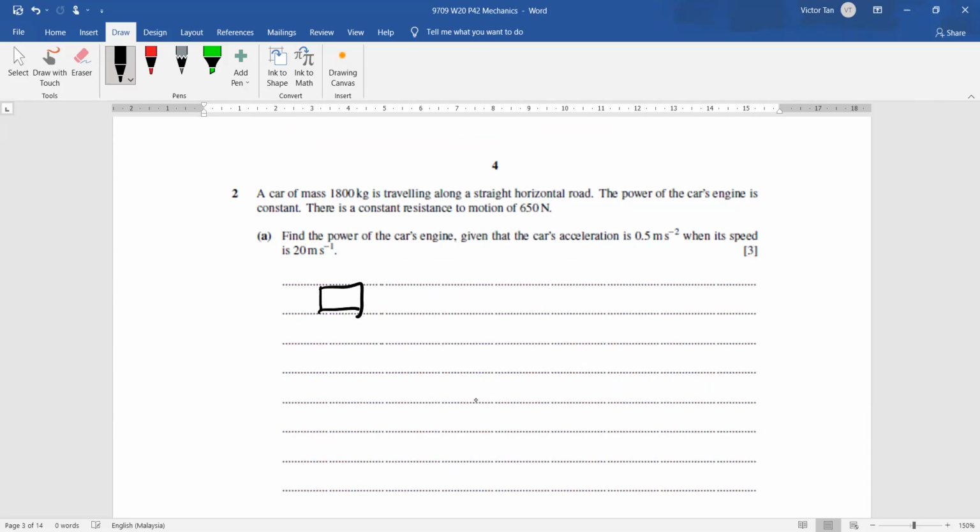So this is the car. This is the driving force, which equals power over velocity, or P over 20. This is the resistance, which is 650. So resultant force equals mass times acceleration.